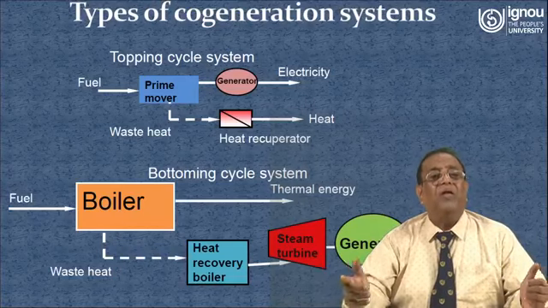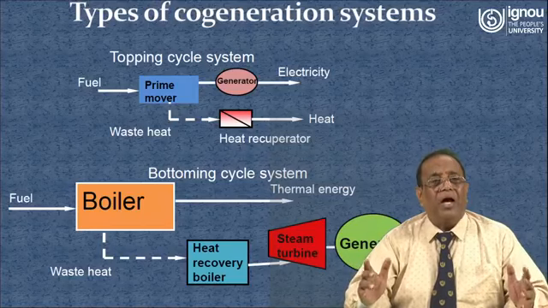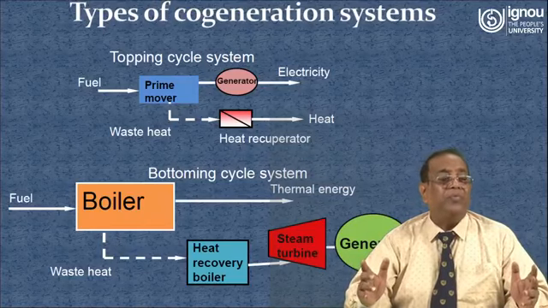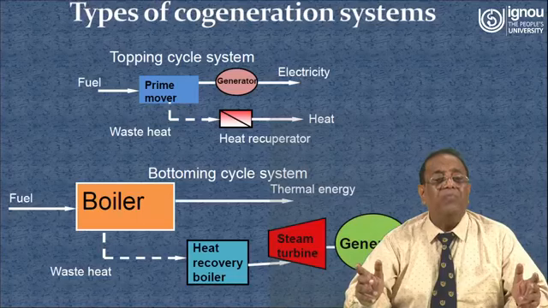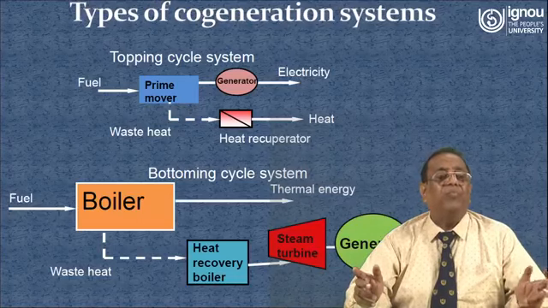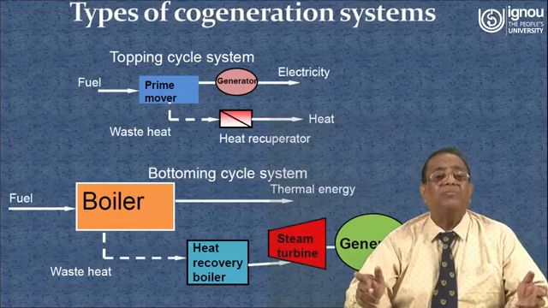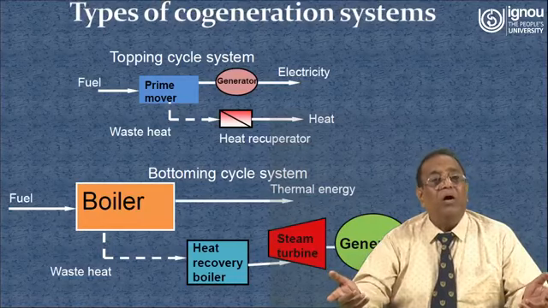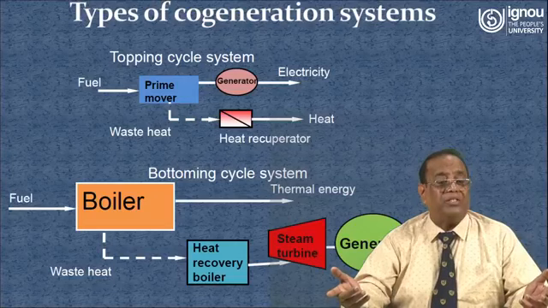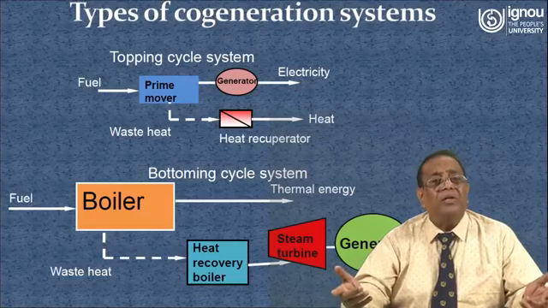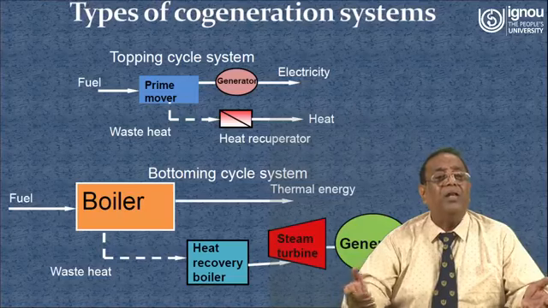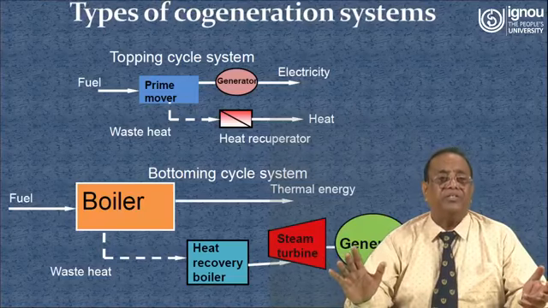Say, for example, we are considering a boiler, and the boiler is generating heat by burning coal inside it. Obviously, the fuel you use in the boiler may be coal, oil or natural gas. So, thermal energy is required, and we get it as an output from the boiler, which is used in the process industries.